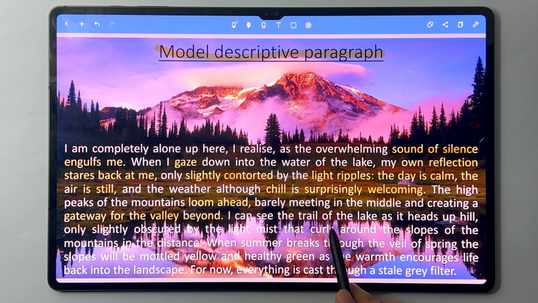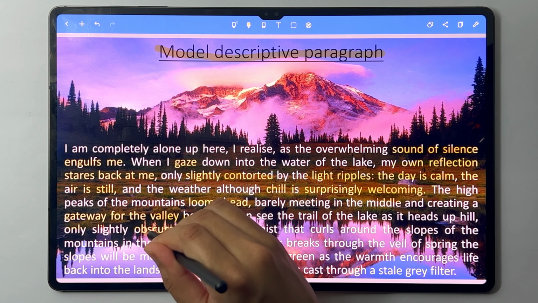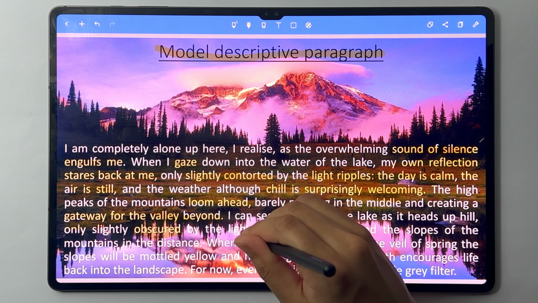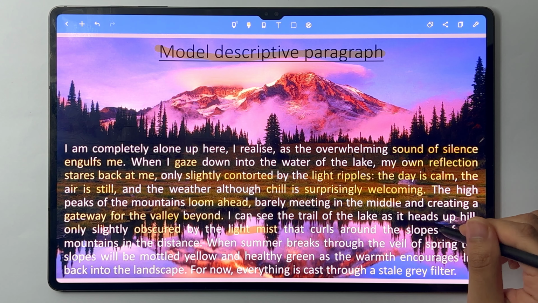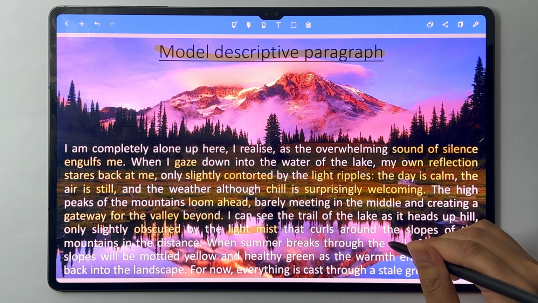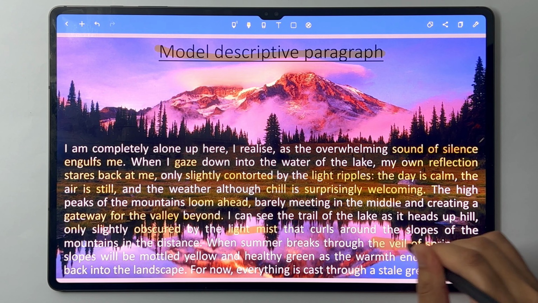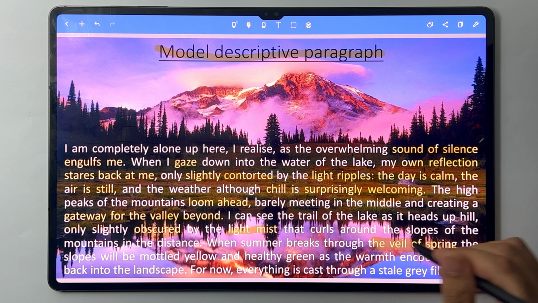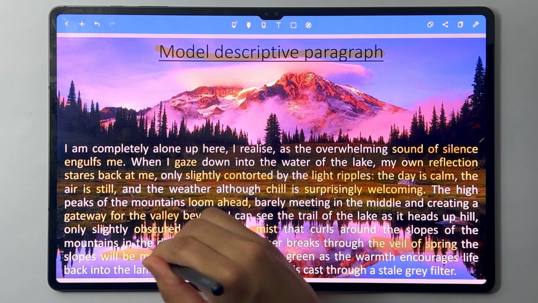I can see the trail of the lake as it heads uphill, only slightly obscured. Okay, obscured again, ambitious vocabulary, meaning it's uncovered by the light mist that curls around the slopes of the mountains in the distance. When summer breaks through the veil of spring, look at that. Through the veil of spring, the slopes will be mottled yellow.